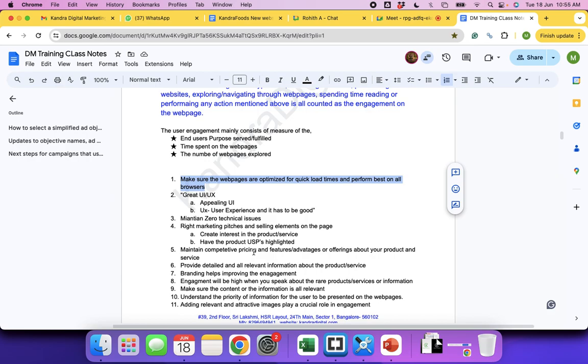Understand the priority of information for the user to be presented on the web pages based on the keyword, driving traffic to the web pages or sources of traffic.